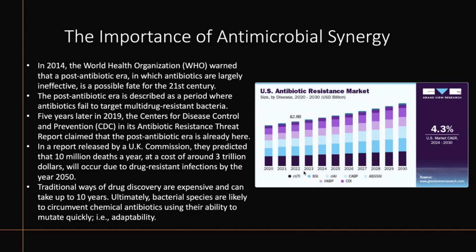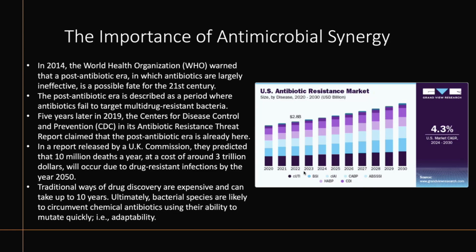and costs. And the other thing is that traditional ways of drug discovery are expensive, in the billions of dollars, and can take up to 10 years. Finding the antibiotic in nature, in some natural reservoir from some tree or some plant, purifying the antibiotic, modifying the antibiotic, going through phase 1, phase 2, all these trials. They take a lot of time.